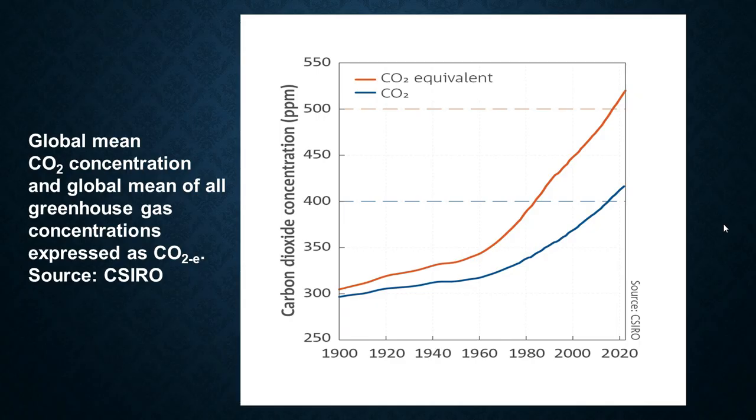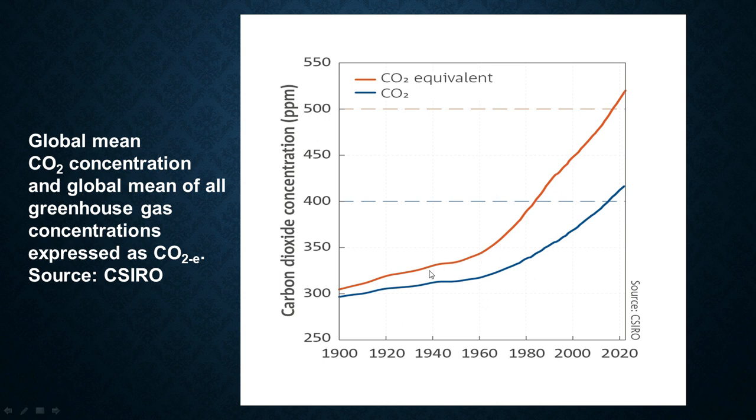Now, this next graphic starts from 1900, and the global mean CO2 concentration is in blue here. So this is just CO2. Again, we get up to about that 412, 415 parts per million. This orangey line is the CO2 equivalent, usually abbreviated as CO2-e. This includes other greenhouse gases, primarily methane and nitrous oxide, N2O.